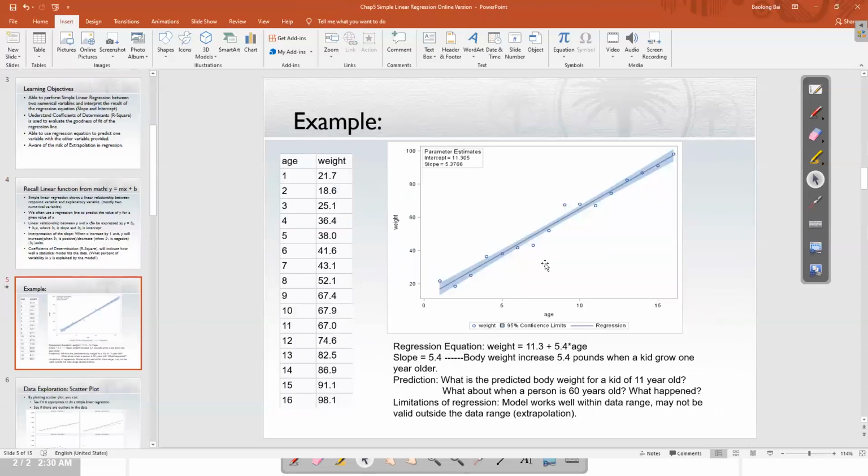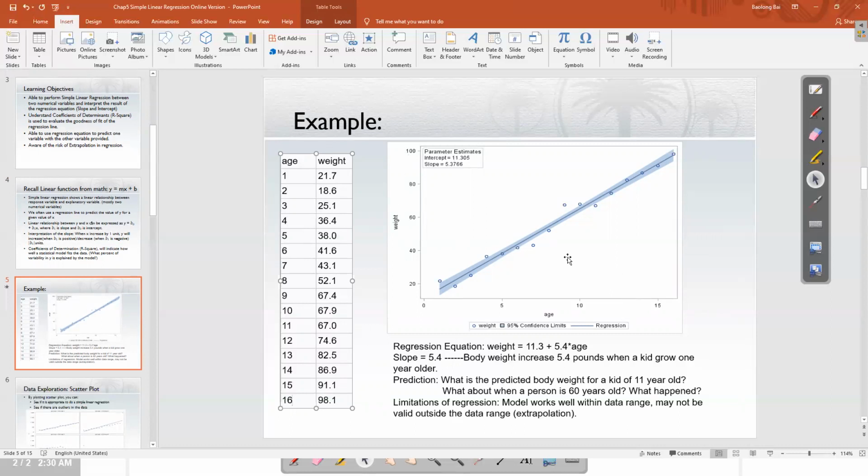Right, so let's look at a small example. This is a study about kids' body weight with their age. So we have 16 kids in the study, age 1, 2, 3, 4, 5, up to 16, and their body weight is recorded. So then we want to study the relationship, right?